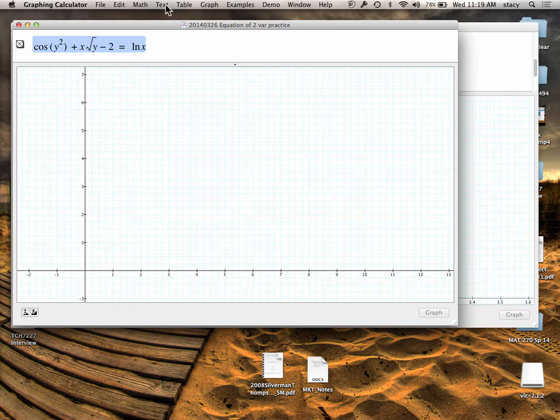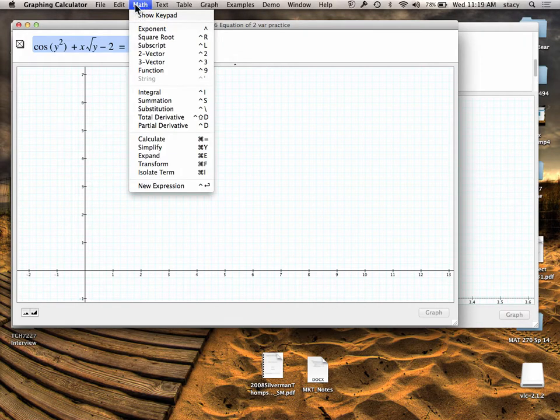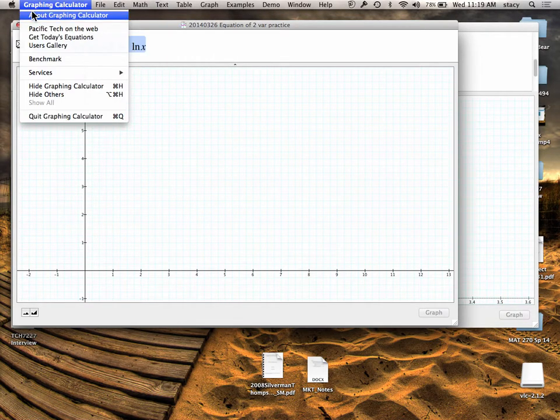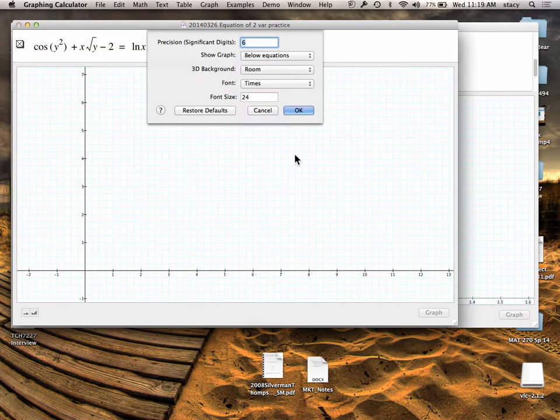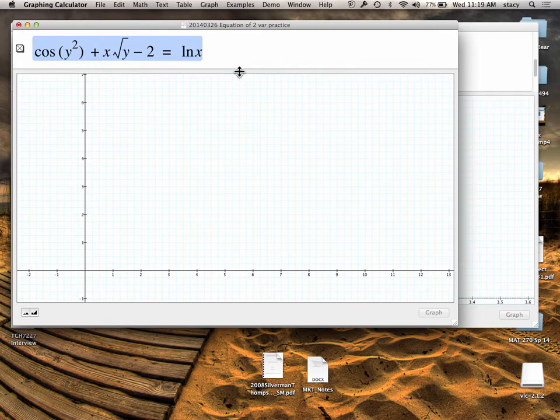Go to document settings, under file. You can just change your font size to 35 or something. The thing is, every time you open a new file, it'll be that size. Okay. Cool. Thank you.